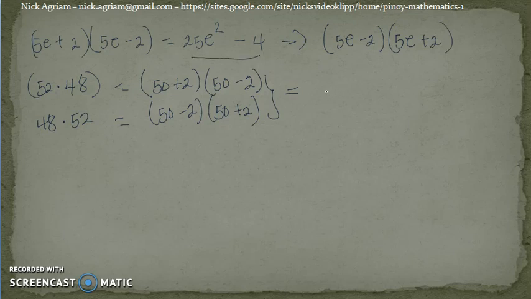Okay. Then we have 50 squared minus 2 squared. Then we have 2,500 minus 4, then we have 2,496.